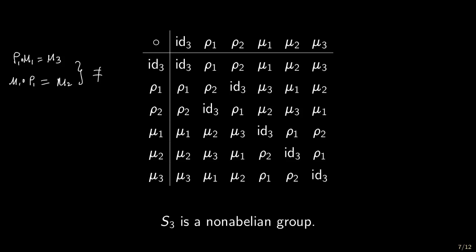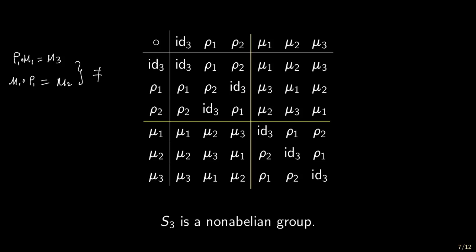Now what else can we notice about this table? I want you to notice that the 6 elements in S sub 3 can be grouped into 2 groups of friends. We can group the rows, rho 1, rho 2, and the ID can be considered a row too, if we separate it like this and like that. So there are 2 groups of friends, the rhos and the mus.